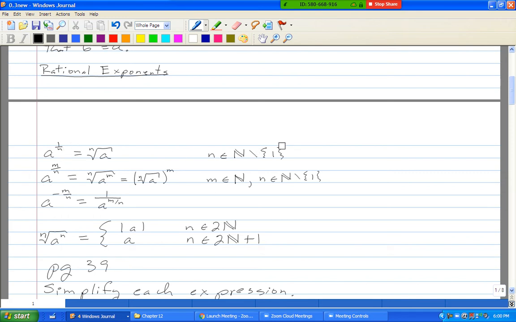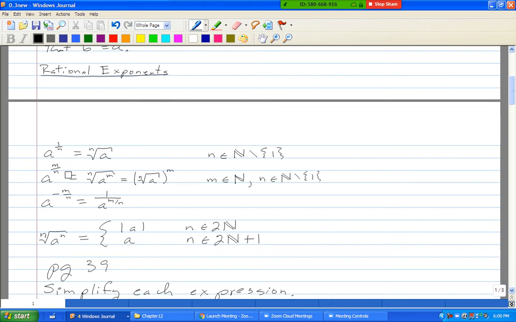If n here is a natural number greater than 1, then a to the 1 over n is defined as the nth root of a, under the assumption here that the nth root of a is defined. So again, as always, I'm assuming here when I write this statement that either both sides are defined or both sides are undefined.